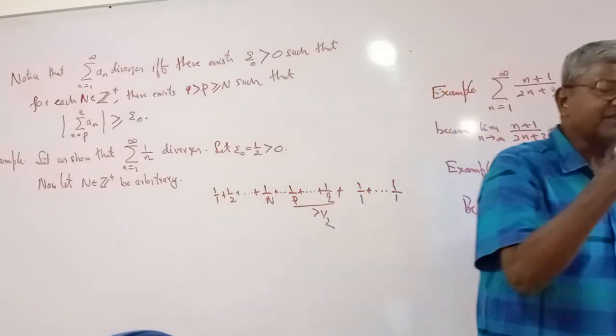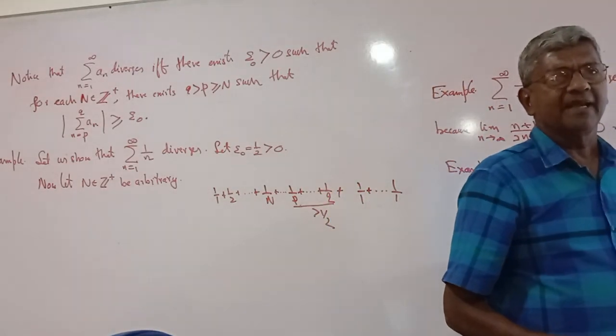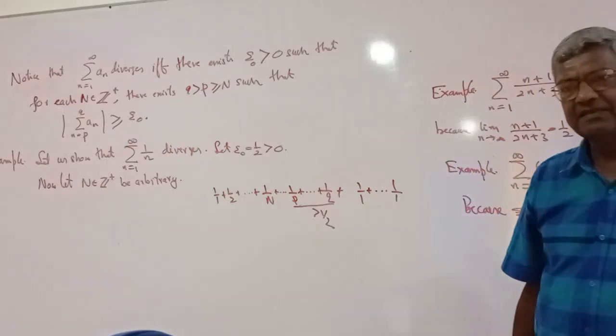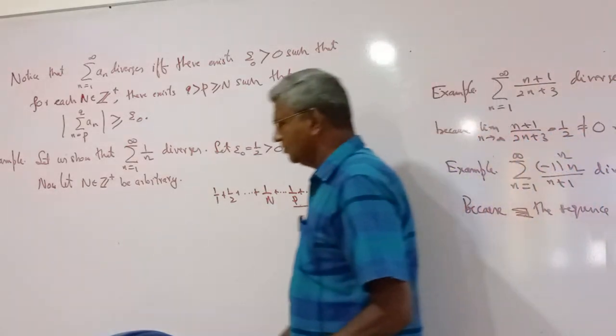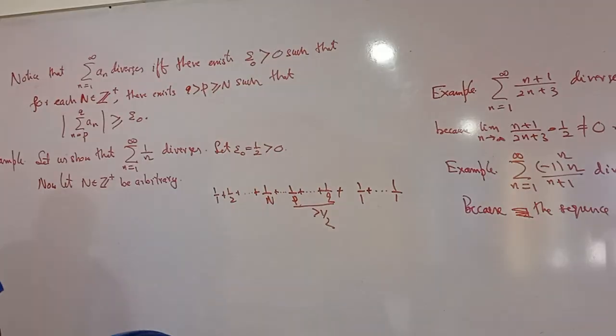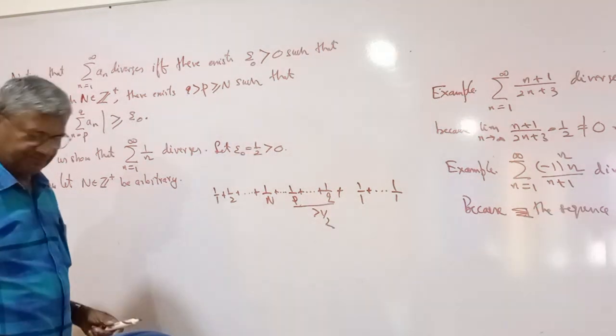Infinitely many. So half times infinity is infinity, then the series is divergent. That's the idea: you get infinitely many blocks of sum greater than 1 half. Therefore, the series diverges.